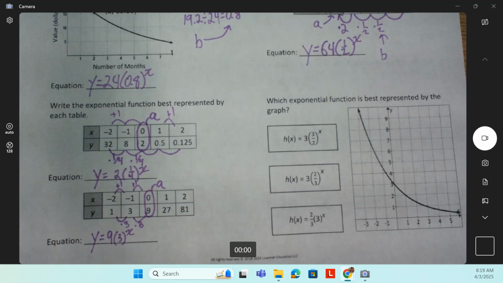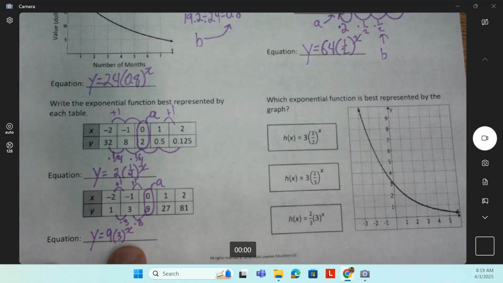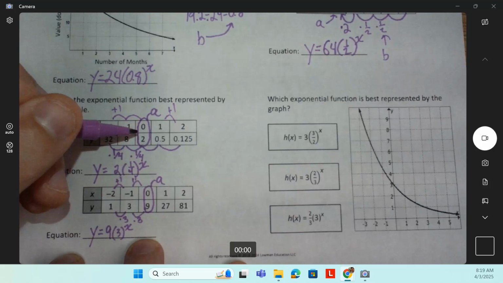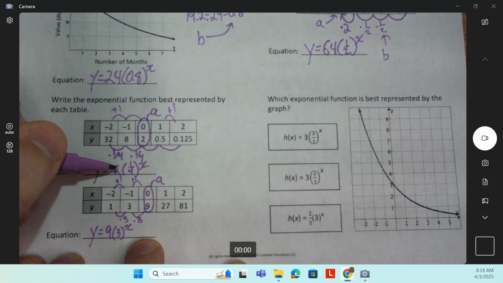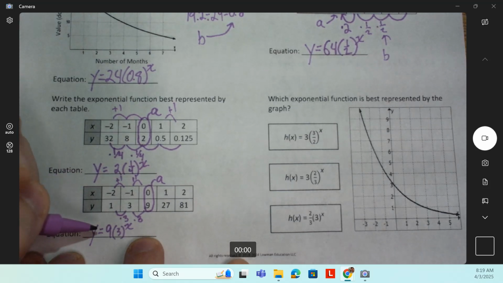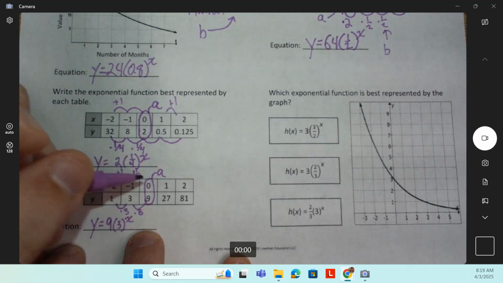Okay, and on these, just remember we're also going to be thinking about some of those attributes. Mainly we've got our y-intercept there. Looking at this b value, since it's less than 1, we know it's decay. Just like this one down here, that would be growth.